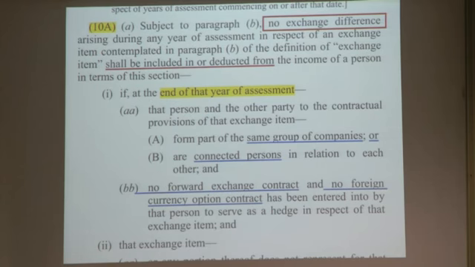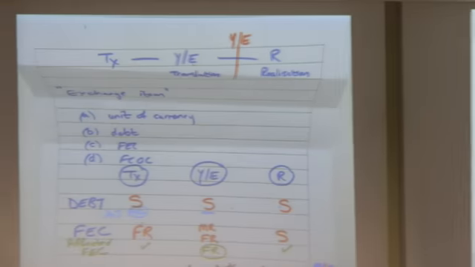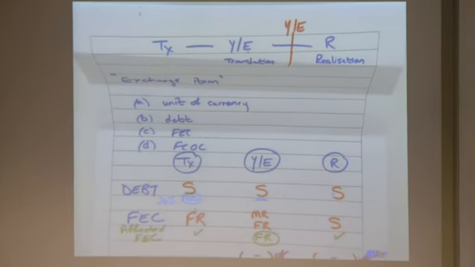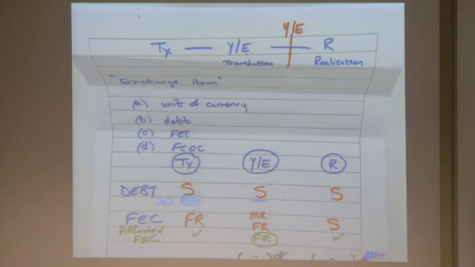Just the debt, right? So we had unit of currency, the second one was debt. So if I'm sitting with a debt, then the exchange difference must be ignored. So nothing must be included or deducted from the income.